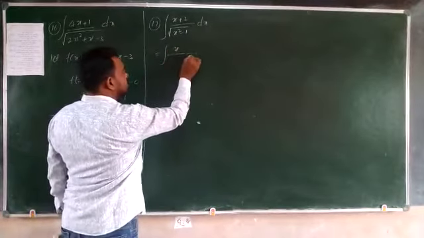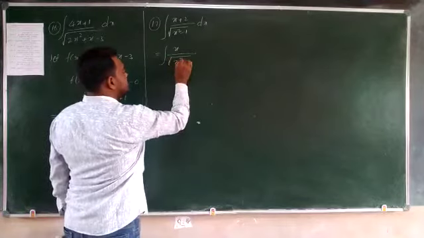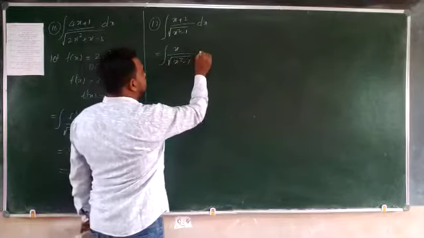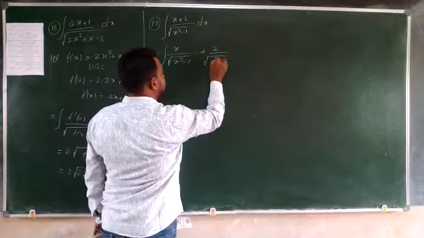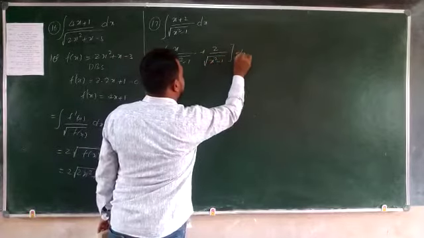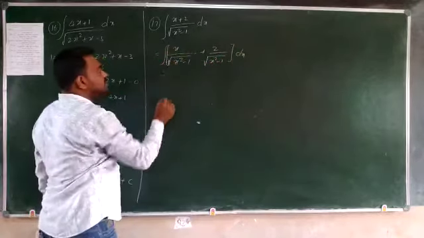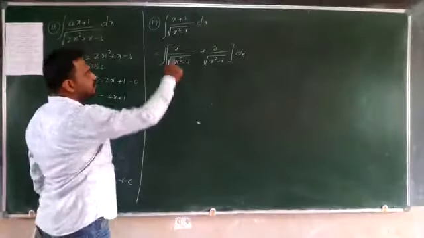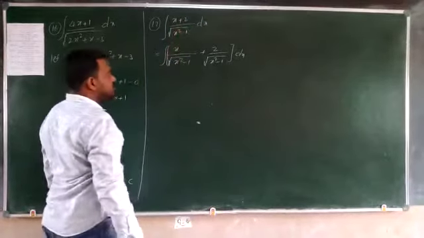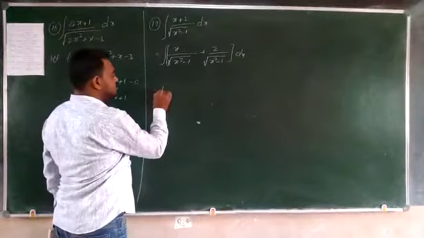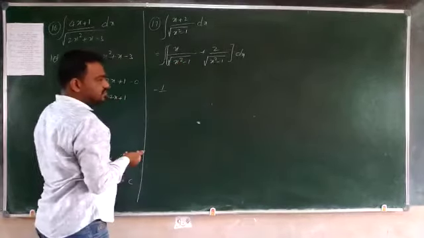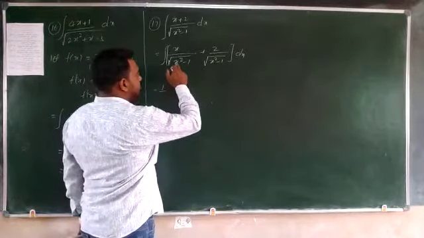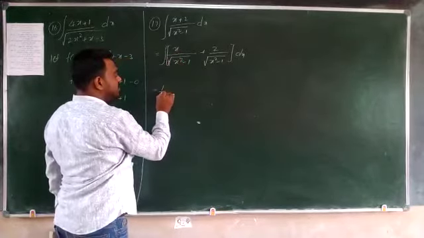So what I am writing: x by square root of x square minus 1, next plus 2 by square root of x square minus 1, into dx. That means the denominator is dividing each term. For the first term, x square minus 1 has derivative 2x, so for the numerator multiply and divide with 2.